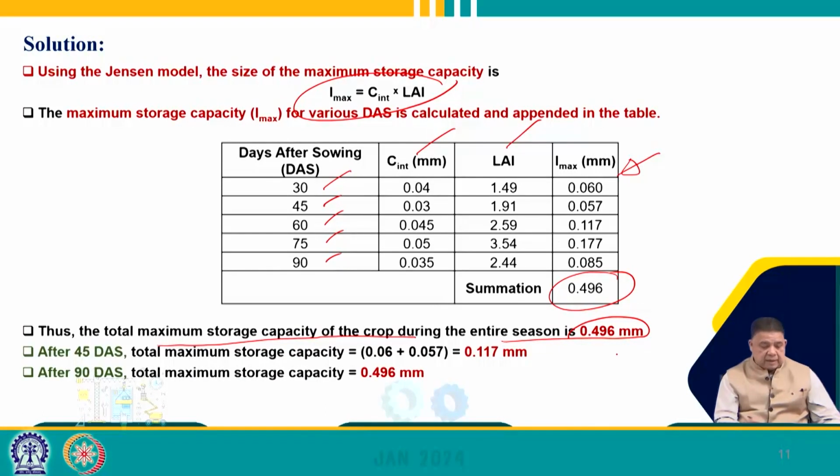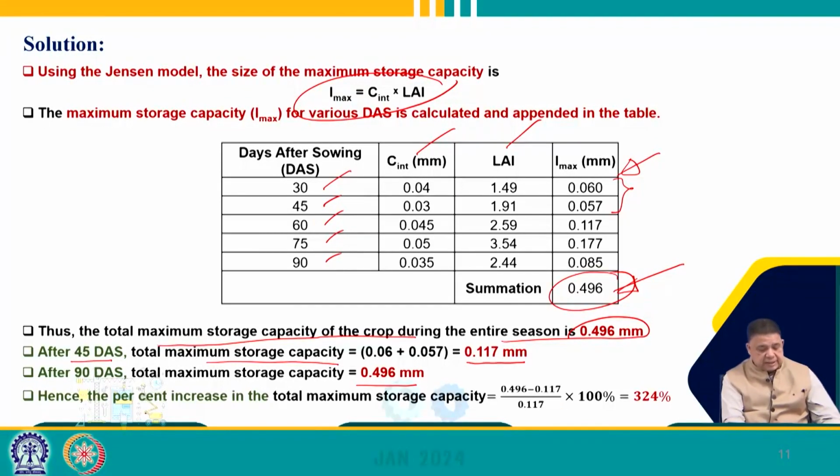The second part was: what is the percent change between 45 DAS and 90 DAS? After 45 DAS, the total maximum storage capacity will be the sum of these two, so it is 0.117 mm, and at 90 days, the end of the season, we already know the sum, it is 0.496 mm.